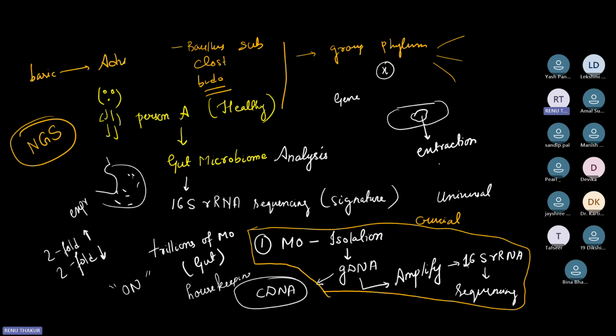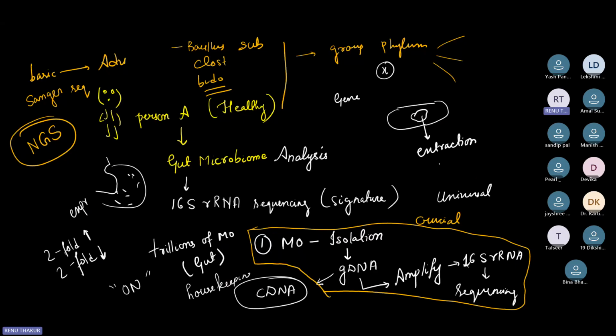Obviously people will develop something very easy and fast, and after having some restrictions, limitations, that thing is modified a little bit, and then advanced things come into the market. So firstly we have Sanger sequencing. So this is the overall basic overview I wanted to let you know.